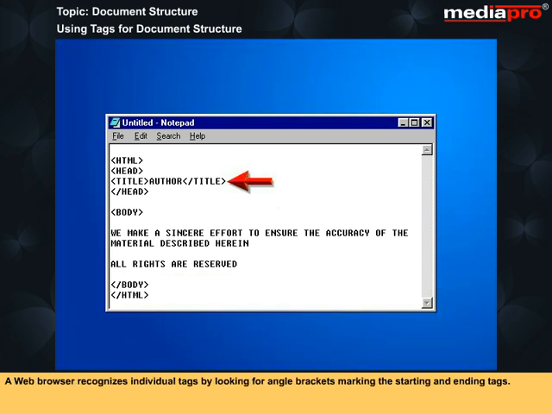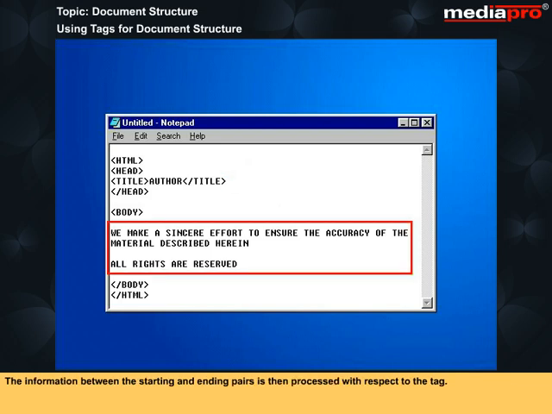A web browser recognizes individual tags by looking for angle brackets, marking the starting and ending tags. The information between the starting and ending pairs is then processed with respect to the tag. HTML does not recognize hard returns or blank spaces that are included in the text you type.